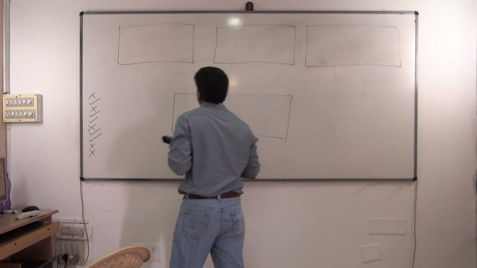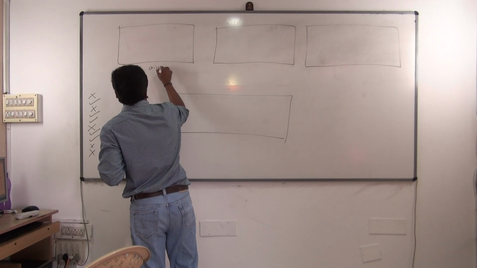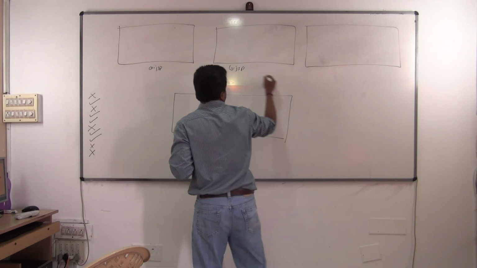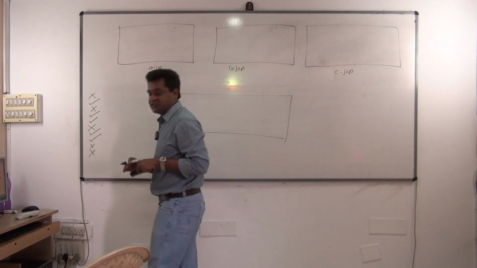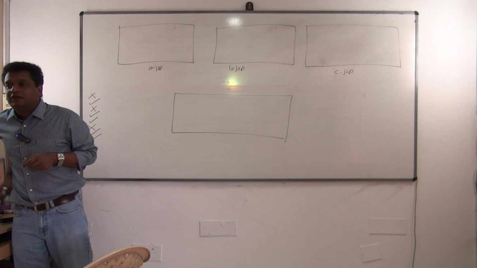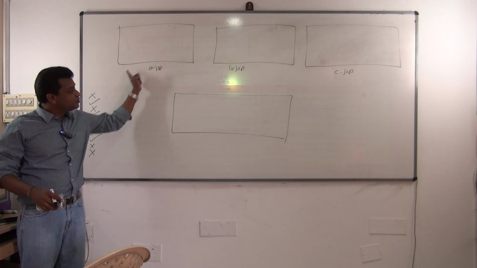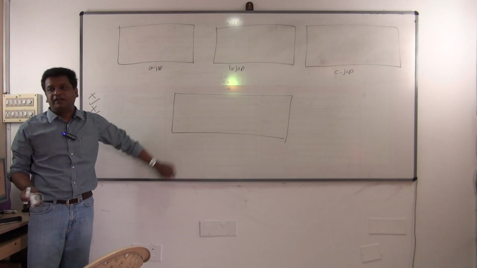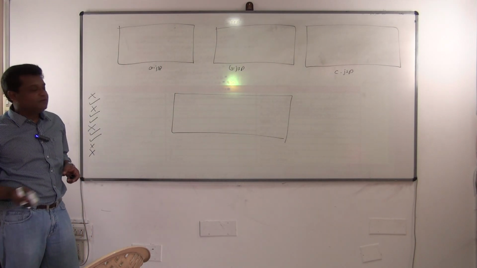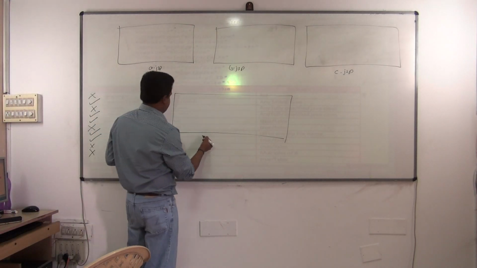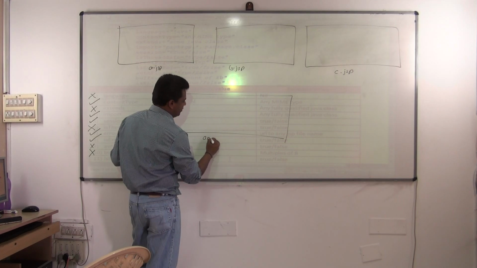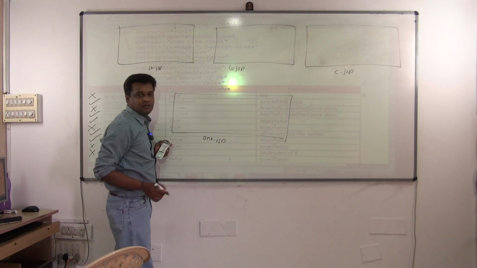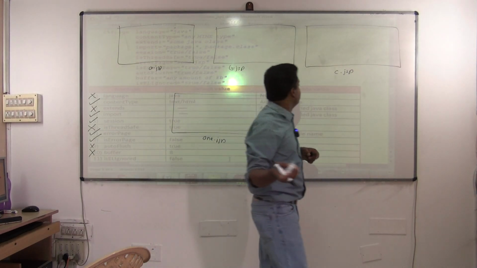See, this is a.jsp, this is b.jsp, this is c.jsp. And if any error or exception occurs in this JSP, it should display which one now? This particular JSP. Let's say I'll name it as 1.jsp. Example I'm giving, just write the example.